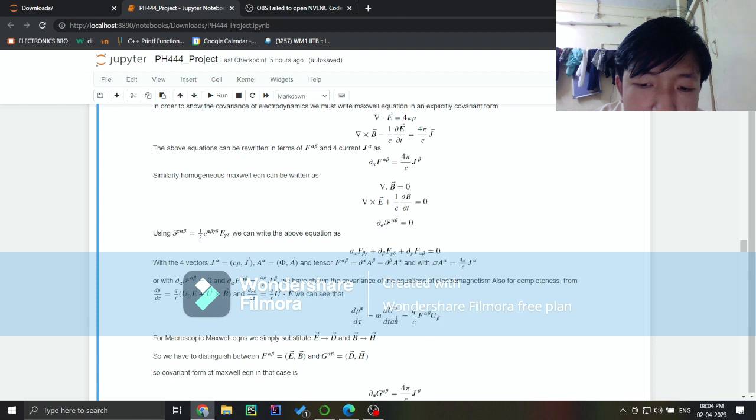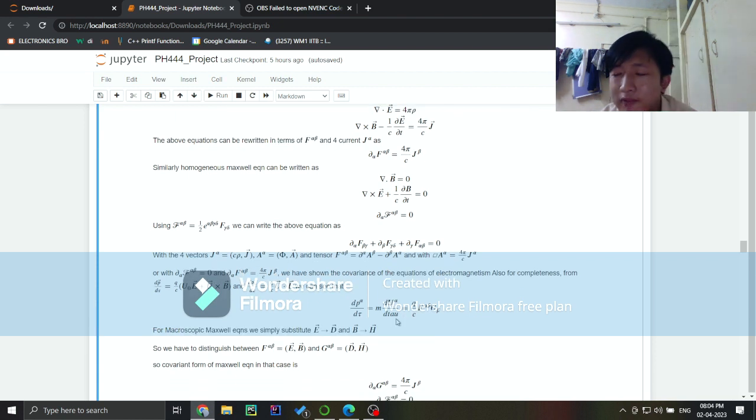Now, just for completeness, I'll show you how that f alpha beta was related to dp alpha by d tau. So we know that dp alpha by d tau is equal to m du alpha by d tau, right?